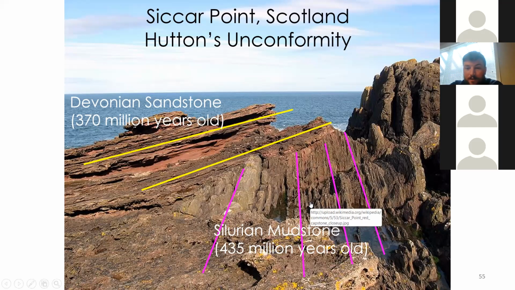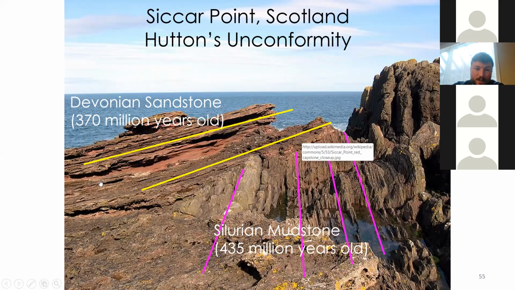It's almost 435 million years old. The stuff on top of it is a lot younger, 370 million years old. So this was confirmed using absolute age dating, even though James Hutton, using relative age dating, could tell that the sandstone on top was younger than the mudstone on the bottom.